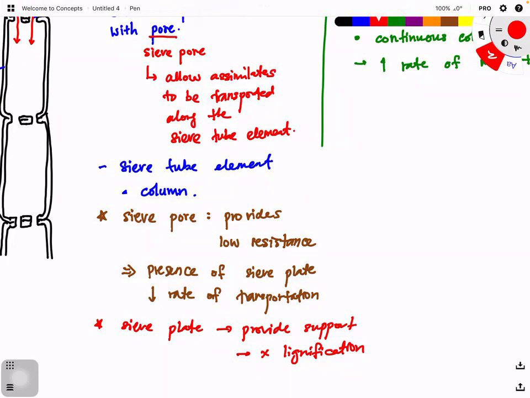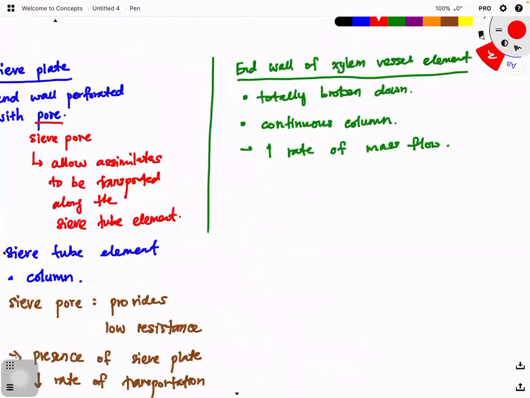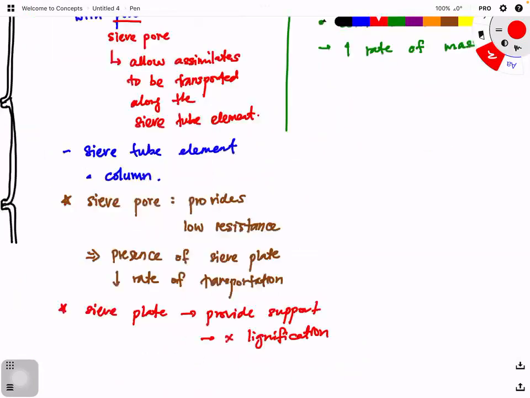If you look at sieve tube elements, in this case, they only form a column, but not a continuous column like the xylem vessel element. The sieve pore, being perforated, provides low resistance, but no matter what, the presence of the sieve plate reduces the rate of transportation, and this transportation is also by mass flow. Are you clear?